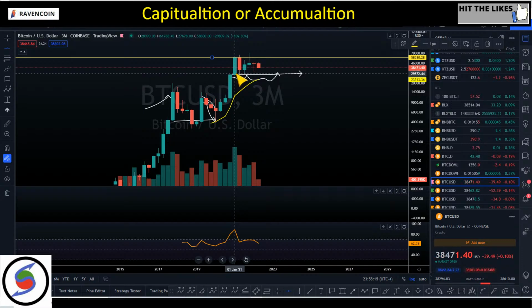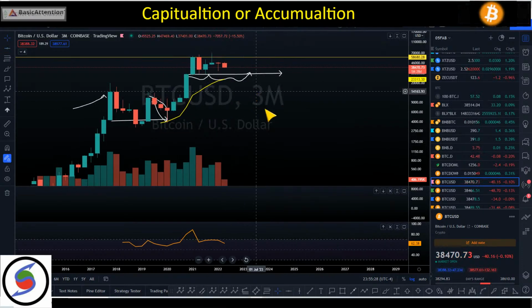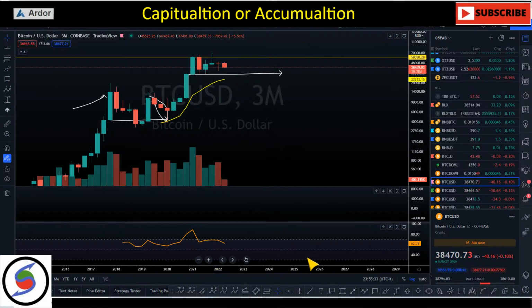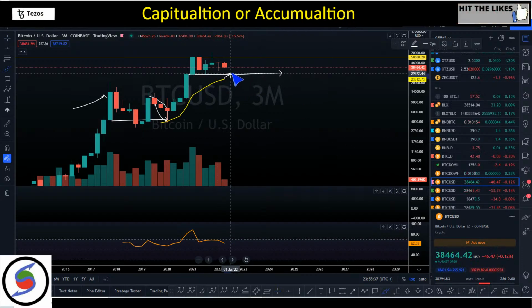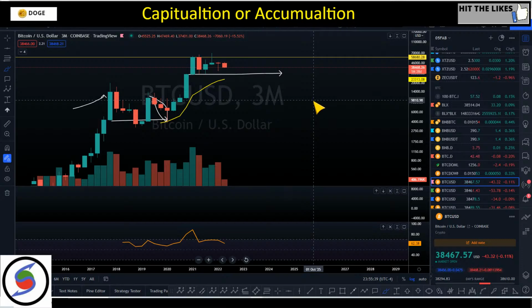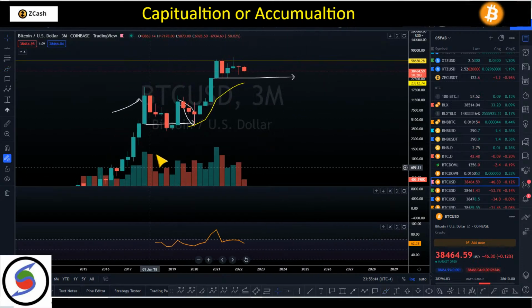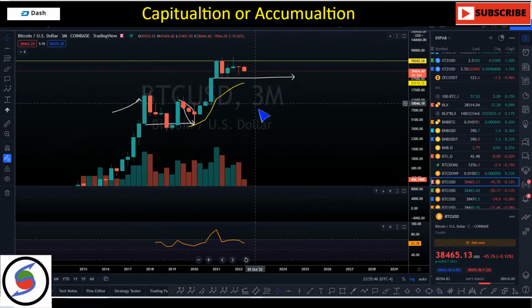Right here we close at candle close, right here we open at 28,990, so just about 29k. Pretty straightforward. The problem is we just don't know how long on the high time frame it'll take to retest the quarterly 21, if we're going to get there. That's the ultimate challenge.